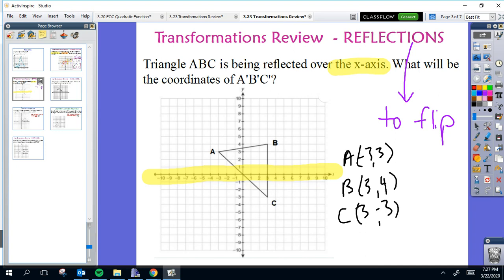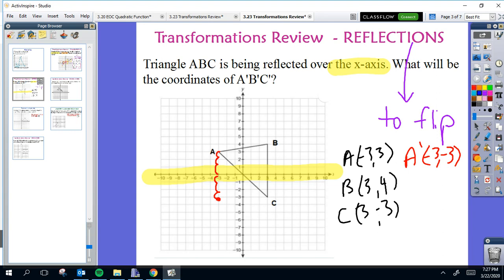Beginning with letter A, because it is on this side of the x-axis, I need to flip it down. So it goes 1, 2, 3 from the x-axis. I need to go an additional 1, 2, 3. When I do that, it brings my new coordinates of A prime to be negative 3, negative 3.